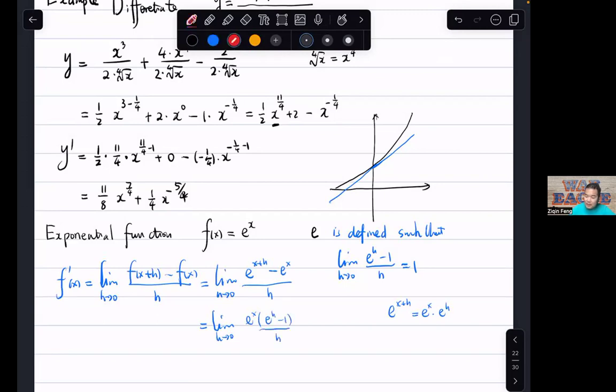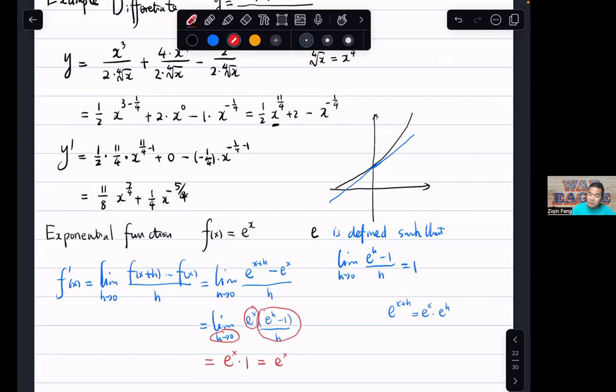I can see that h here is changing, but x is not changing, right? So as h goes to 0, that e to x doesn't change at all. So this is a constant. E to x is a constant compared to this limit, right? So we get e to x times 1, which is e to x.